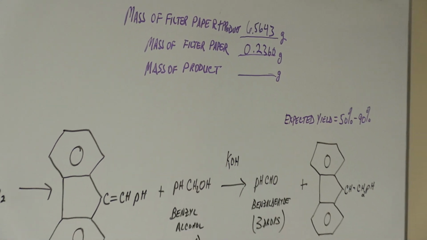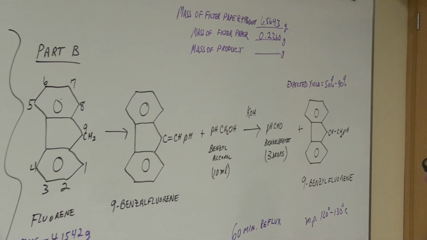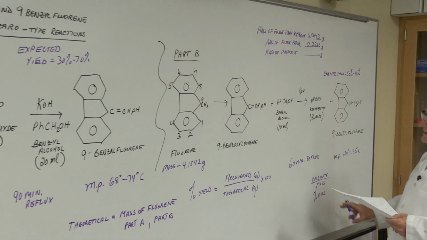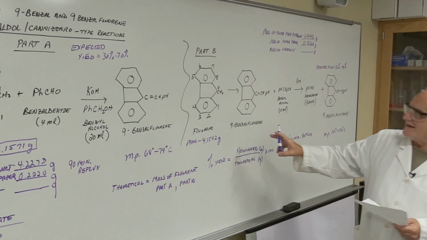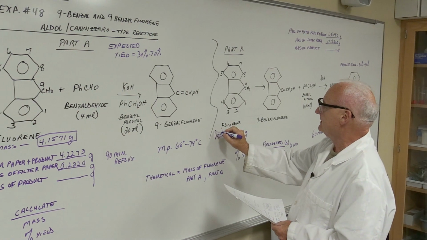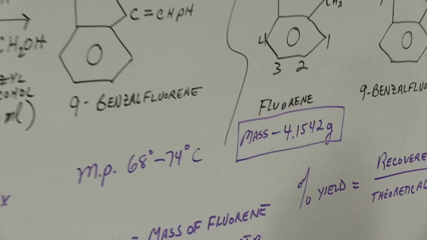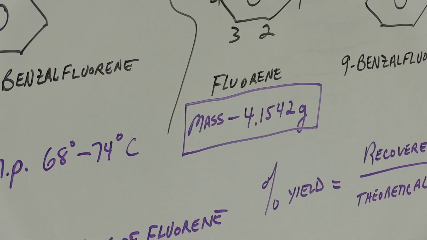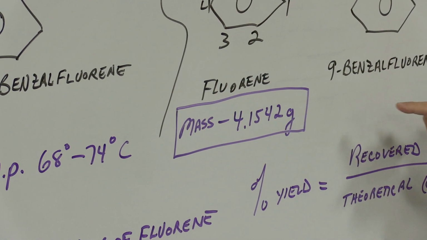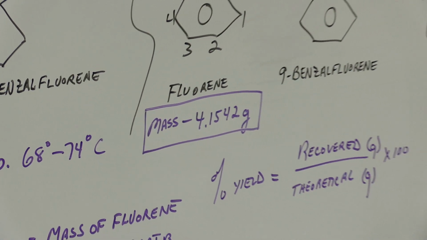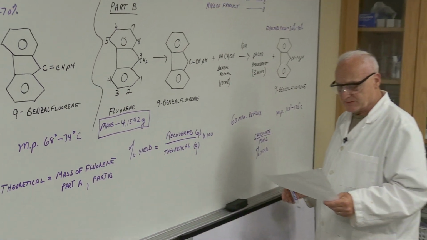As in part A, you calculate percent yield based on the original mass of fluorine that we weighed. So mass divided by mass of fluorine, which is theoretical, times 100 will give you the percent.